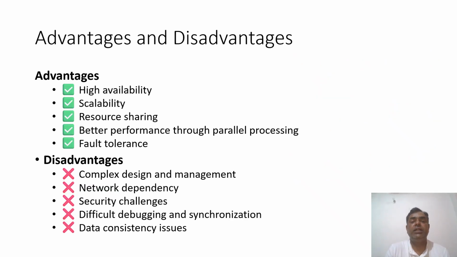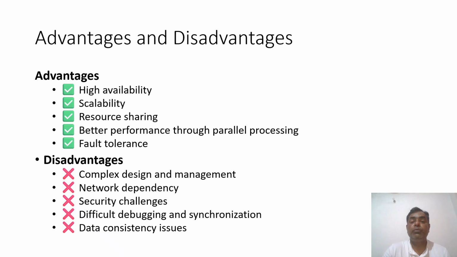Now advantages and disadvantages of distributed system. Advantage: high availability. That means if some node fails, in that case you will still get the data. Scalability, that means you can add or remove nodes when required in the system. Resource sharing, that means you are sharing the resources of different machines to get the response of your request.